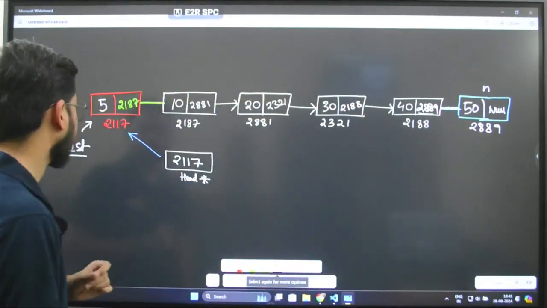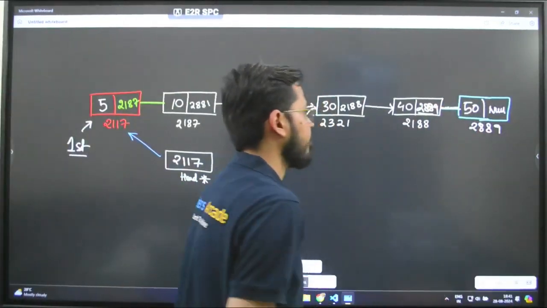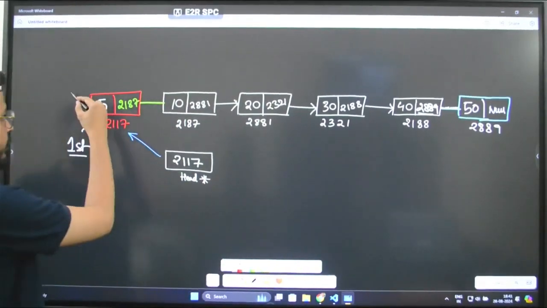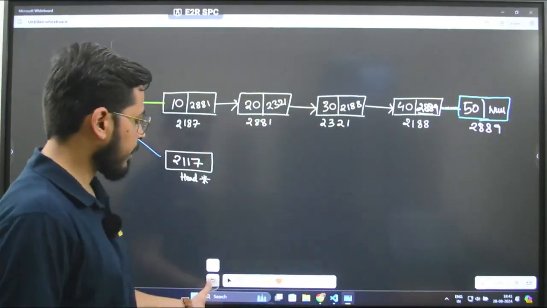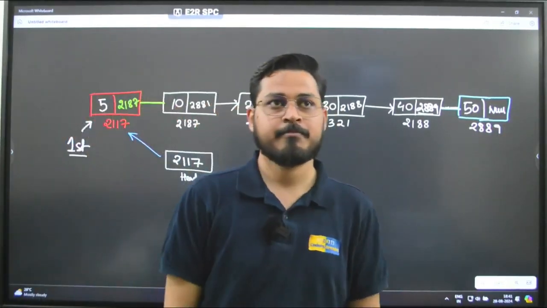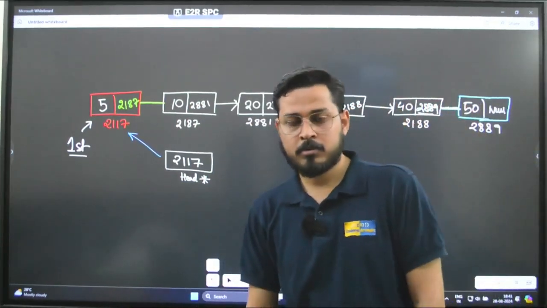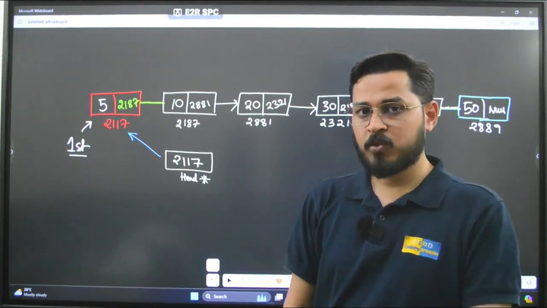All right, guys. This is our linked list that we have right now, and we have already done insert at head and insert at tail. So now we will do insert at position. Logic is very simple.